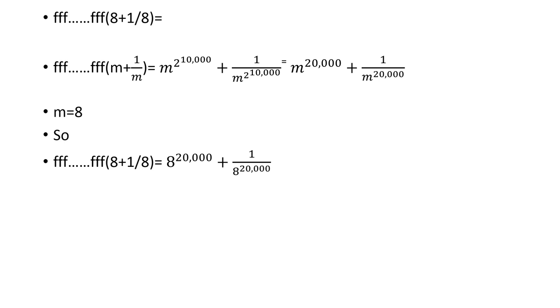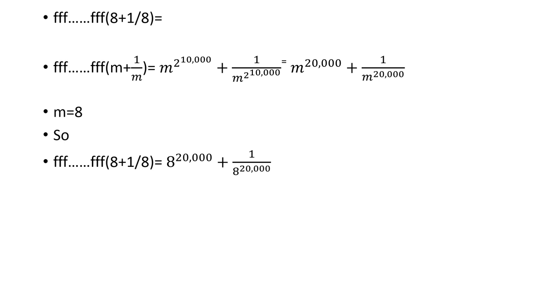So in here, notice that m is equal to 8, and f of 8 plus 1 over 8, according to this trend which we found, if for m such a thing is correct, for any number it should be correct. It should not be only m.